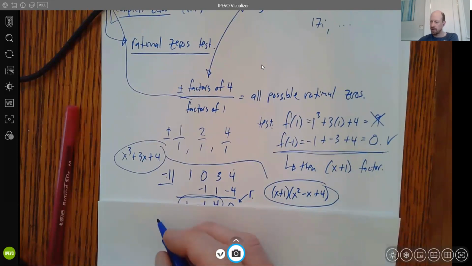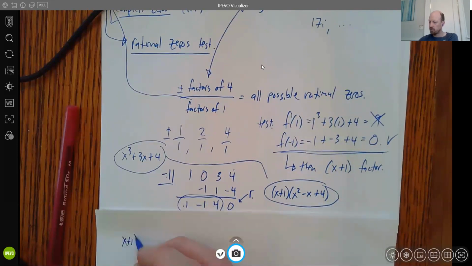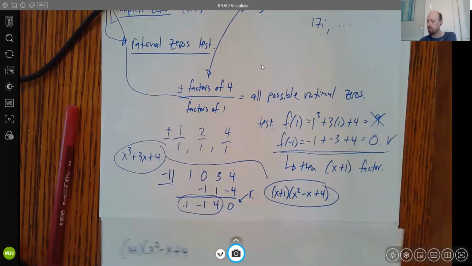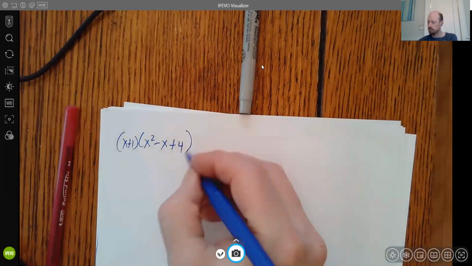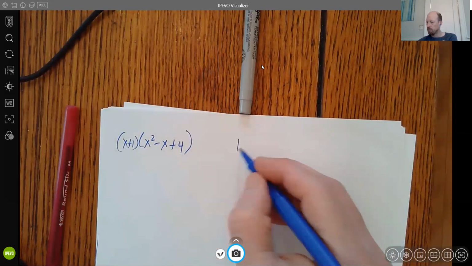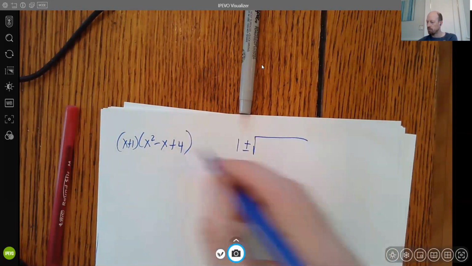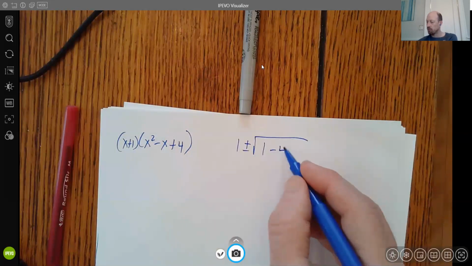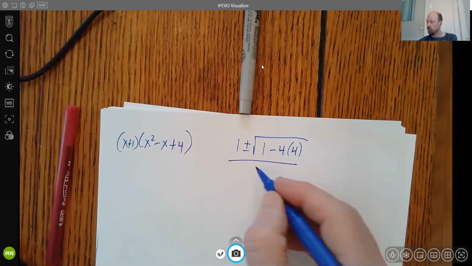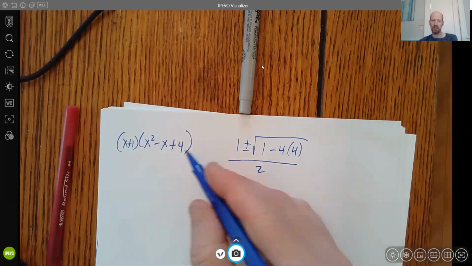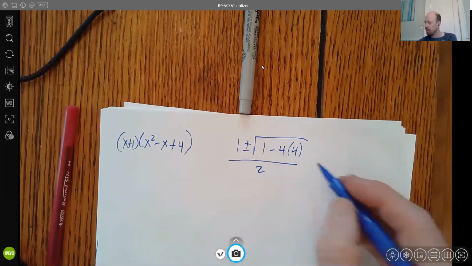So let's see what I have. x plus 1 times x squared minus x plus 4. So negative b plus or minus the square root of b squared minus 4ac all over 2a, right? A is 1, so I don't need to worry about that.